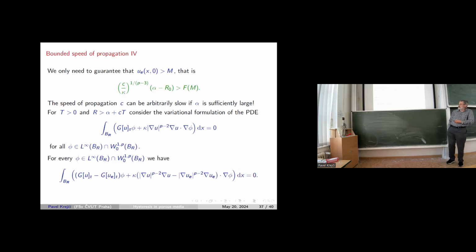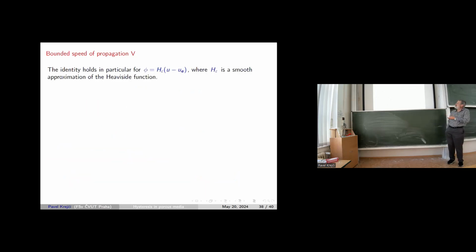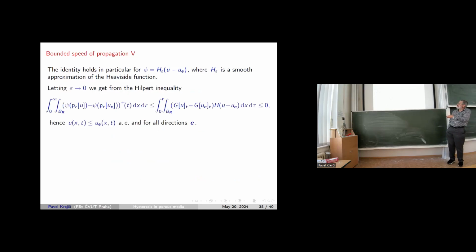And we test this equation on the Heaviside function of the difference. We are back to the quantity again, and we conclude that u is bounded by u_e for all directions.